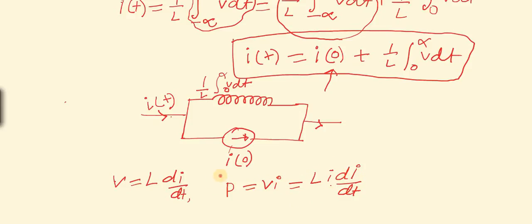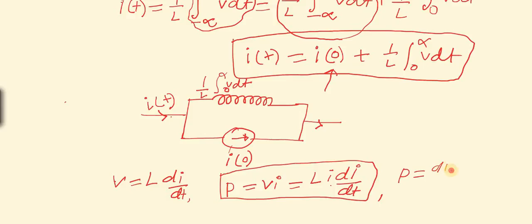This is the power equation, P is equal to L I di by dt, and power P is equal to dW by dt.